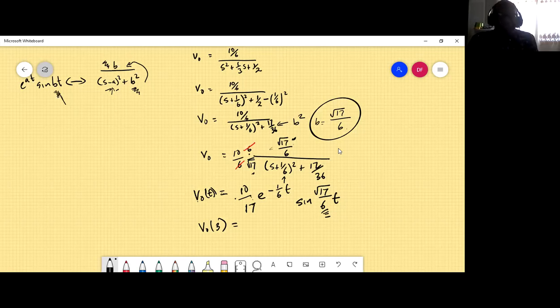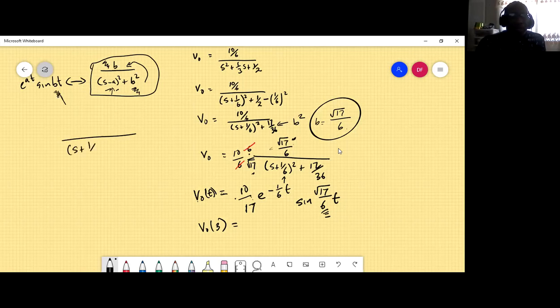Okay. Remember now, we have to set up the thing to look like this Laplace transform up here. So that is why I have the s plus 1/6 squared plus 17 over 36. So to get the b up top, I have to put the square root of 17 over 6, that's the square root of this. Now, if you look back at this over here, it had 10 over 6.